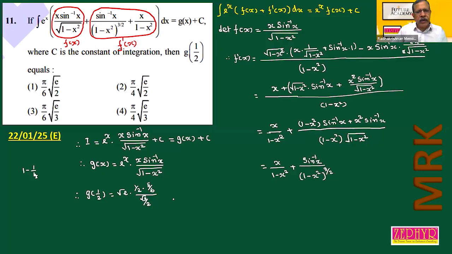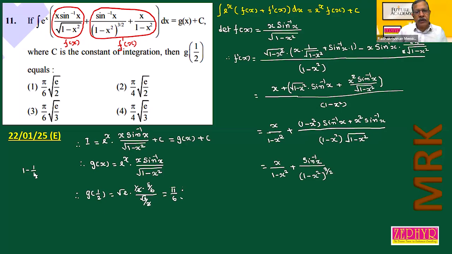Okay. Simplify this. 2 is getting cancelled. So this is equal to pi by 6. And what is under the root? Root e and root 3.